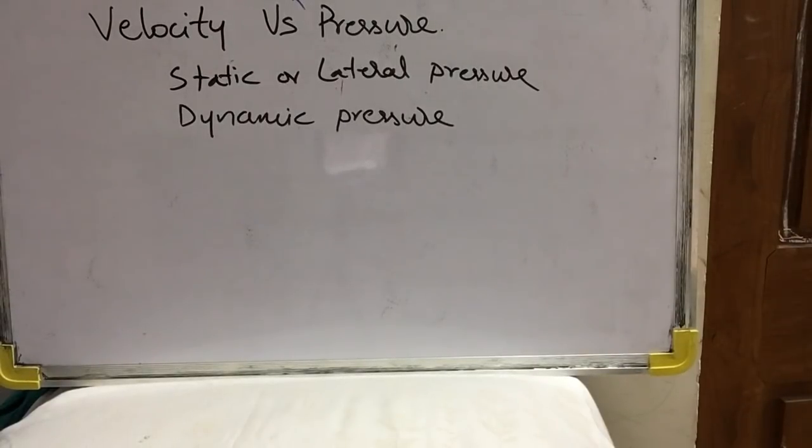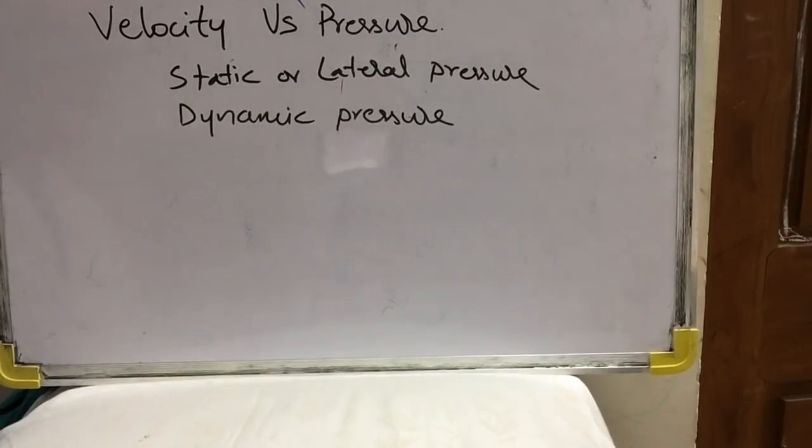The lateral pressure is the pressure that is exerted by the column of blood on the walls of the arteries, whereas dynamic pressure is that component of pressure which is affected by the kinetic energy. That means as the flow increases, the dynamic component of the pressure also increases.